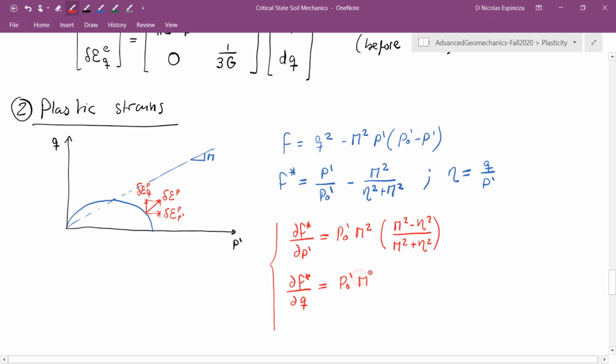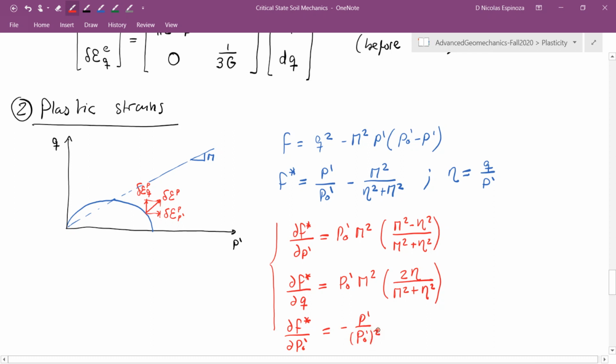Is this times m squared, and now 2 times eta m squared plus eta squared. And finally, the variation with respect to the pre-consolidation stress is p prime divided by p naught squared.